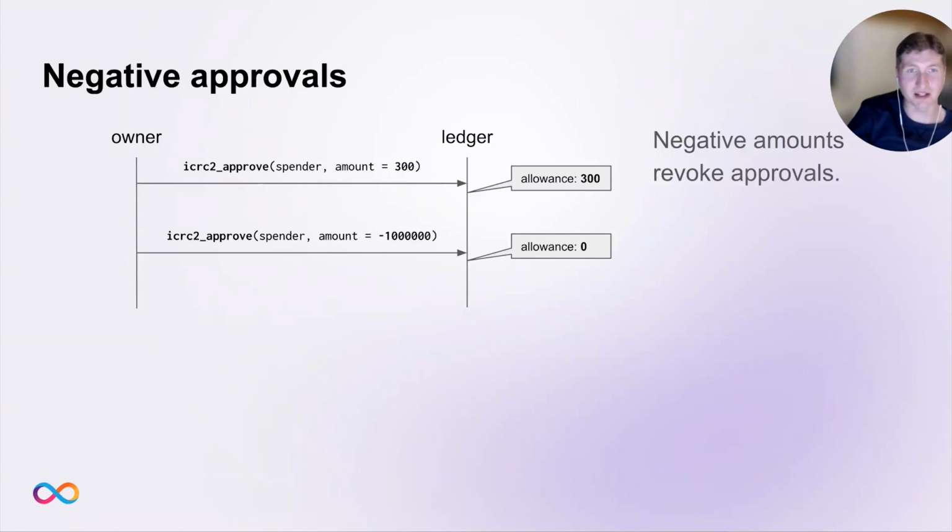So that's why we allow amounts to be negative. If you want to revoke your approvals, you can just set it to minus a large number, and the ledger will lower it to 0. So if it's 300 and you want to remove your approval, you just set it to minus 1 million, and the ledger will just set it to 0 and forget about your approval.